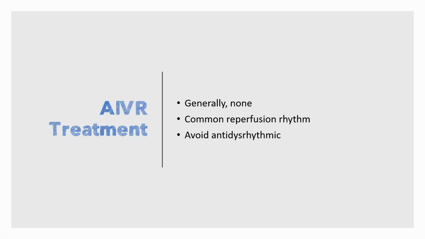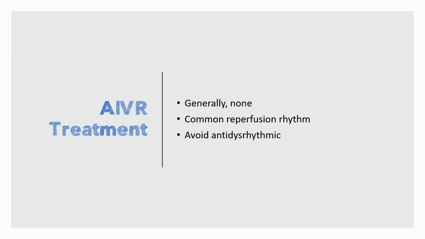So how do you treat that? Well, you generally do nothing, okay? It is commonly a reperfusion rhythm. So if you get a pulse back, the patient may be in accelerated idioventricular. And if the patient's having a STEMI and they spontaneously reperfuse, so if the coronary artery is occluded and then it reperfuses, they frequently go into accelerated idioventricular.